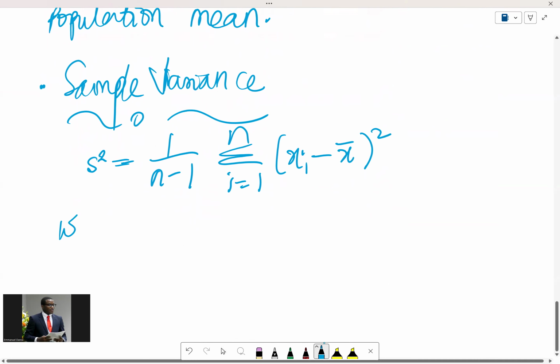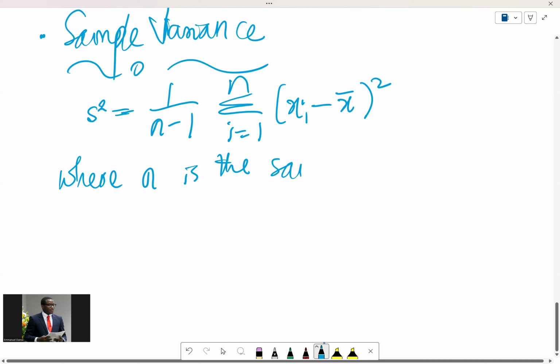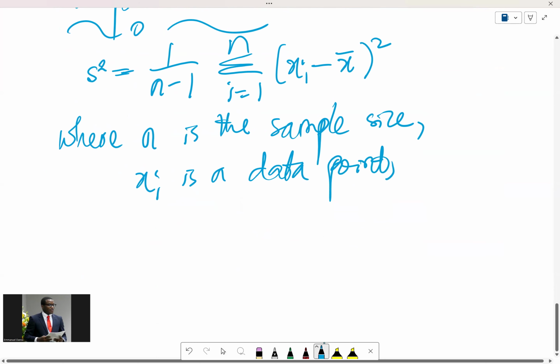So here, n is the sample size, as opposed to big N that was the population size. xi is a data point, and x bar is the sample mean.